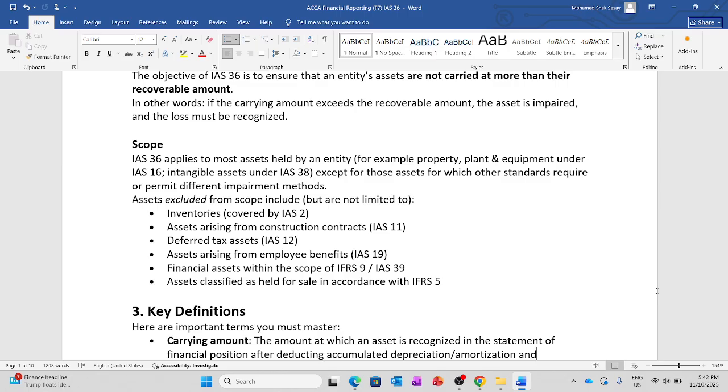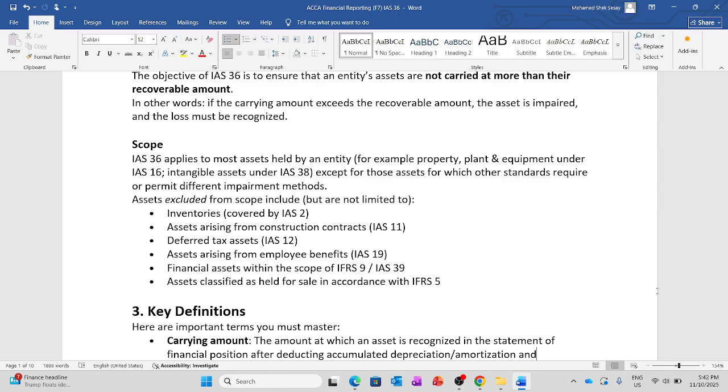Also, we are going to look at assets arising from construction contracts as per IAS 11. We will look at deferred tax later in the session, and assets arising from employee benefits as per IAS 19. This we are going to deal with under the Strategic Business Reporting paper.